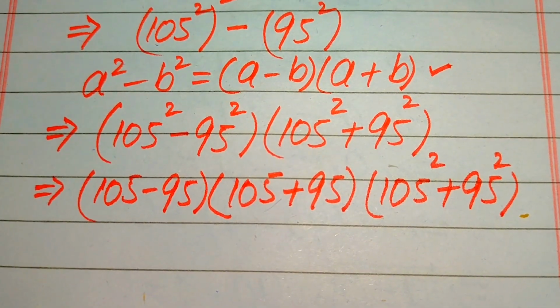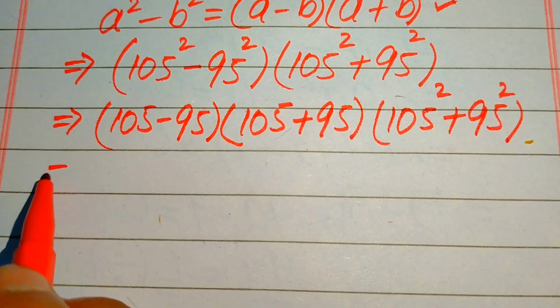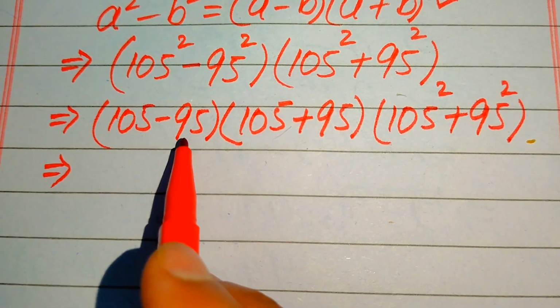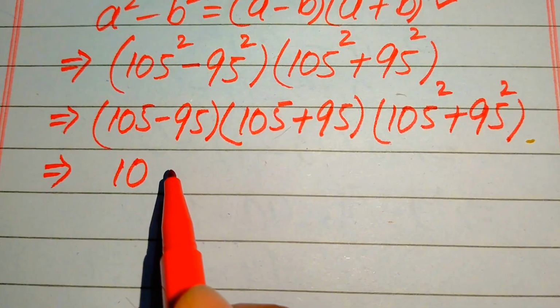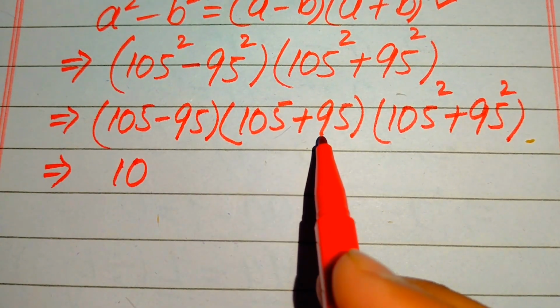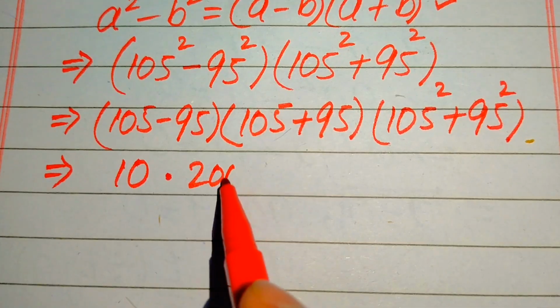So we need more simplifications to write our answer in the simplified form. Here we have 105 minus 95 is equal to 10, and 105 plus 95 becomes 200.